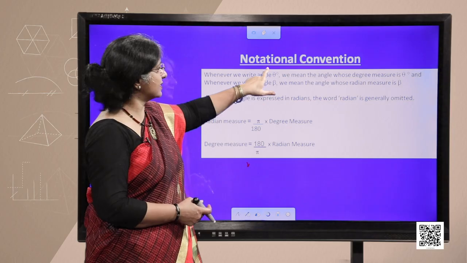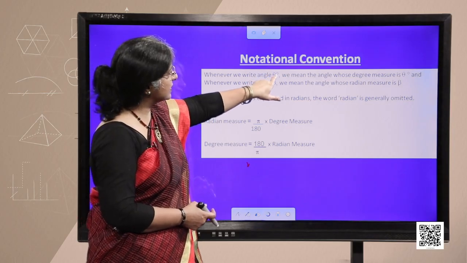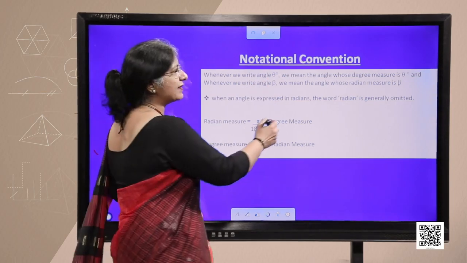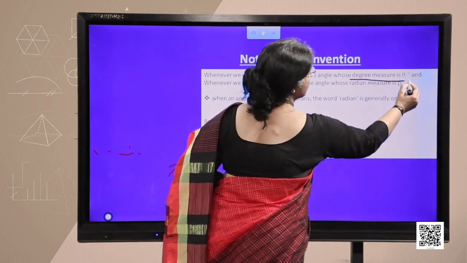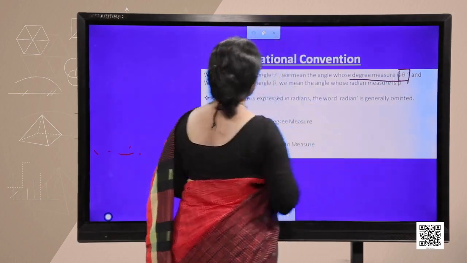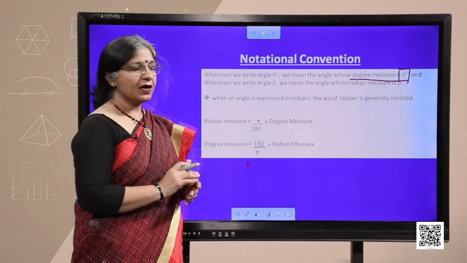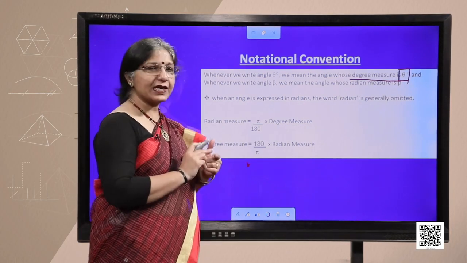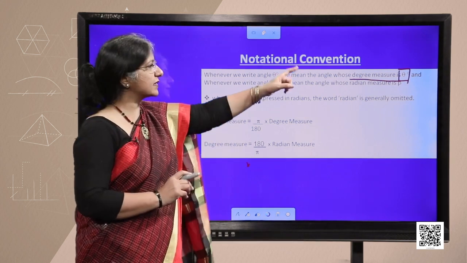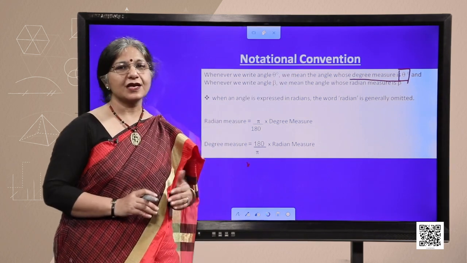Now, whenever writing angles in degrees or radians, we adopt a few conventions. Whenever we write theta with a superscript, a small circle, we mean the angle whose degree measure is theta degrees. And whenever we write angle beta, we mean the angle whose radian measure is beta. For degrees we need to write this superscript 0, but for radians we need not.